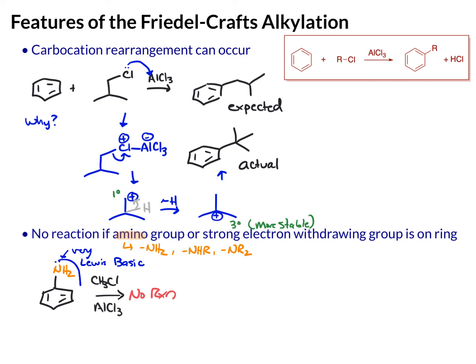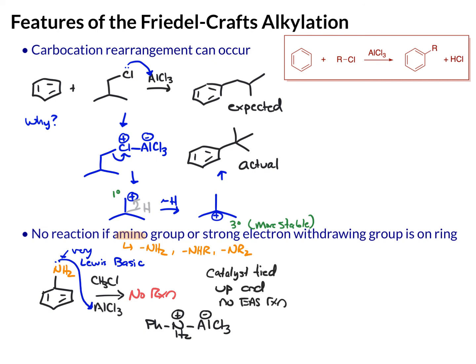So this lone pair ends up reacting with the aluminum trichloride, and we end up getting this Lewis acid-base adduct, and the reaction gets shut down. So I'll just say the catalyst gets tied up and no EAS reaction occurs.